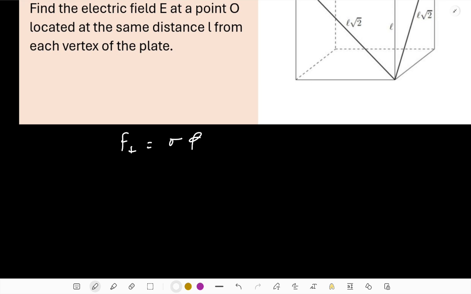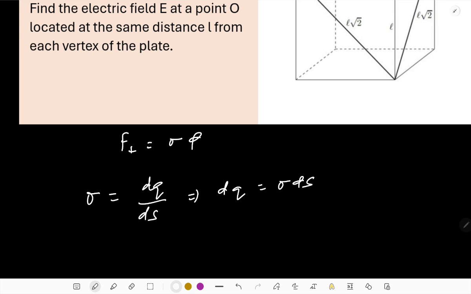And to do so, we are going to take a small piece of the plate having an area ds and a charge dq, so that we can write sigma is definitely equal to dq upon ds, and we can write dq equals sigma ds.